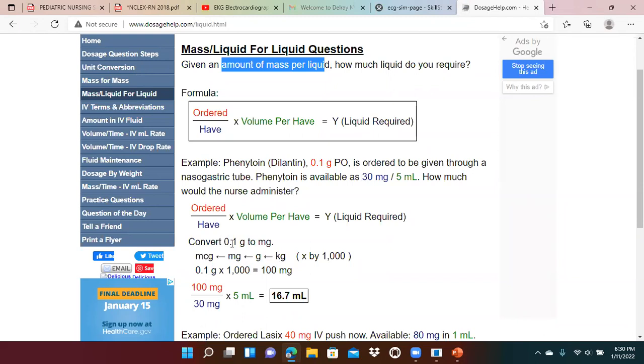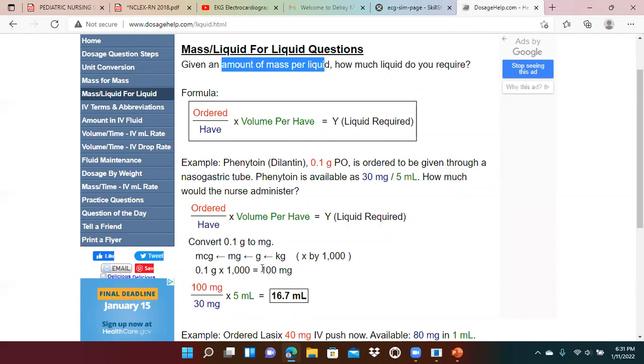So you have to multiply 0.1 gram by 1000, because 1 gram equals 1000 milligram. You have to multiply because a big unit is being converted to a small unit. So 0.1 times 1000 equals 100 milligram.